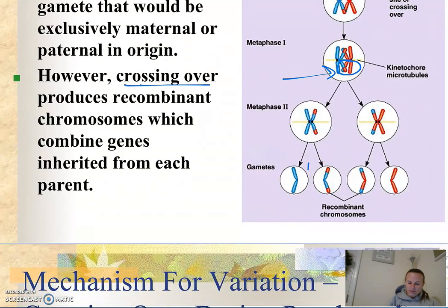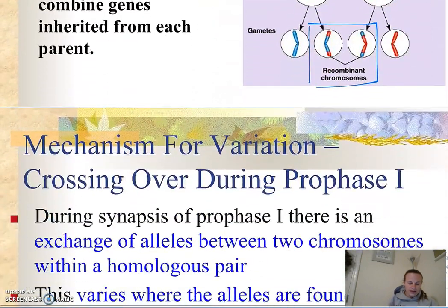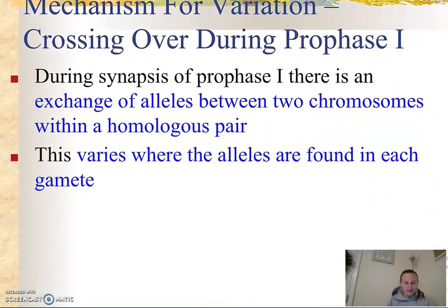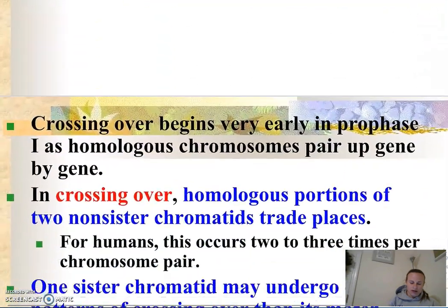And what you end up with is these recombinant chromosomes. The process of the exchange of alleles between 2 chromosomes within a homologous pair is known as synapsis, and that happens during prophase 1, where the alleles that are found in each gamete are then going to vary.